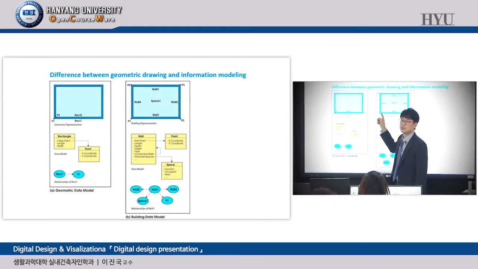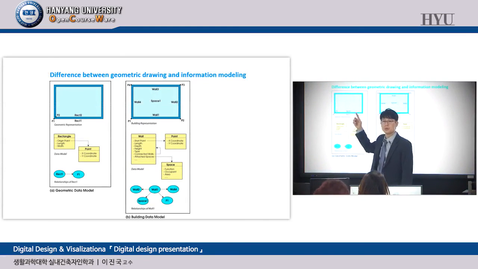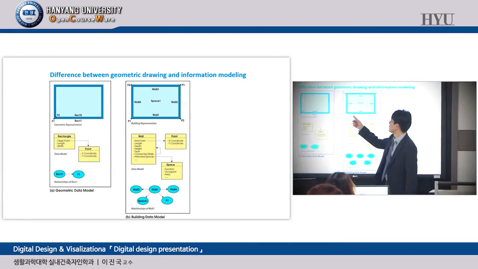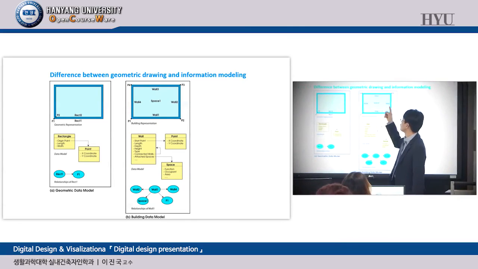A very simple rectangle-shaped room, okay? But in SketchUp, 3D Max, AutoCAD, there are 2 points and 2 rectangle shapes. That's it. But in a BIM tool, there are 4 points, 4 walls, and 1 single space, okay?